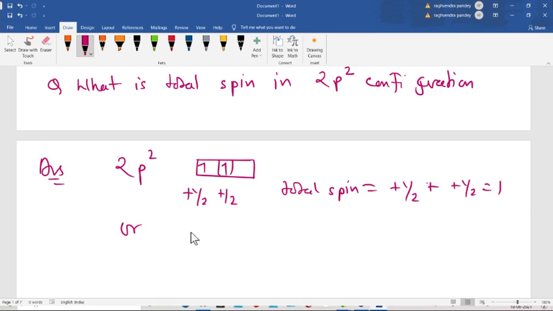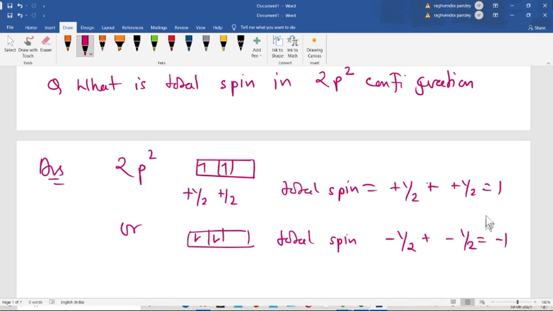Or there can be another scenario, a downward spin. The total spin here will be minus half plus minus half. We are adding all the spins, so we get minus 1. Either plus 1 or minus 1 can be the answer, because here it is not given whether the spin is upward or downward.